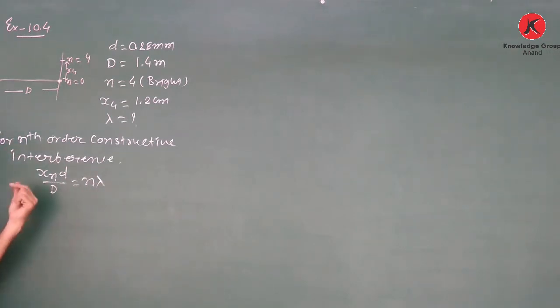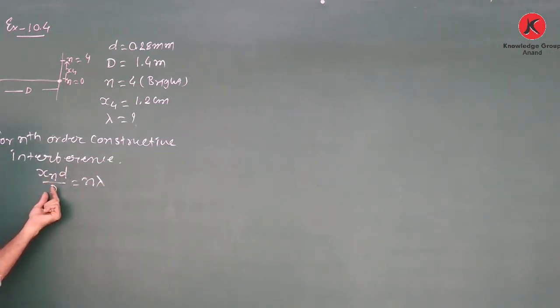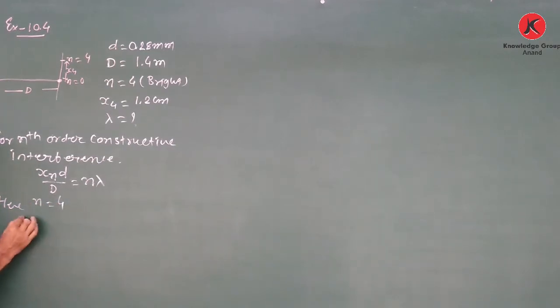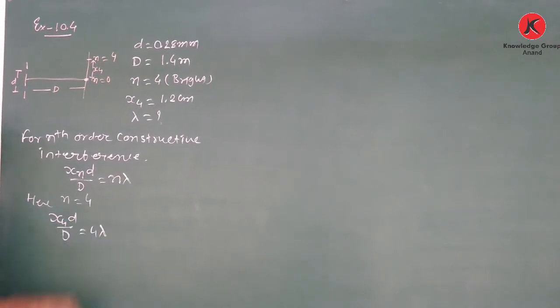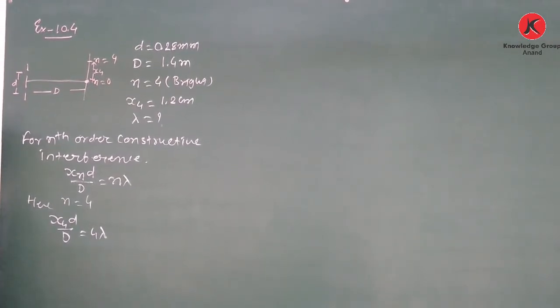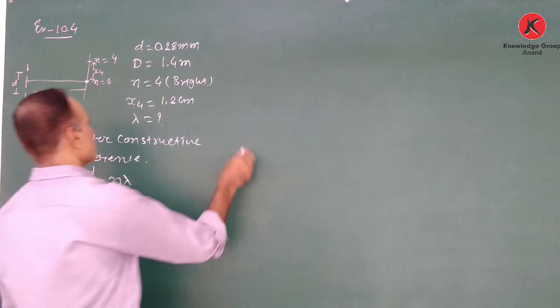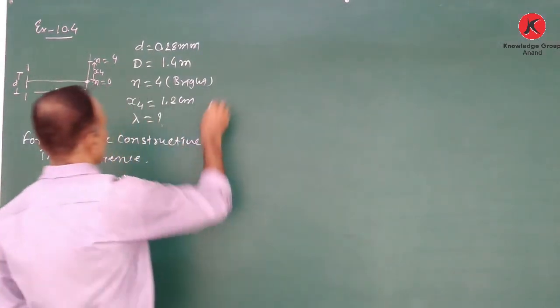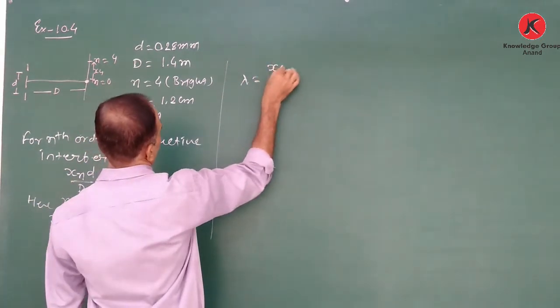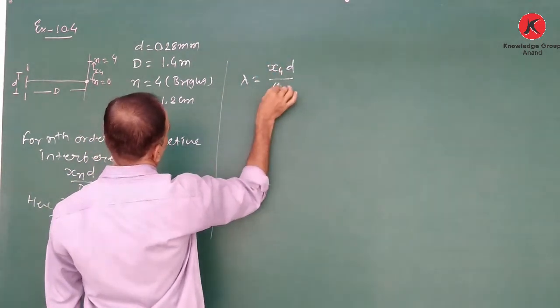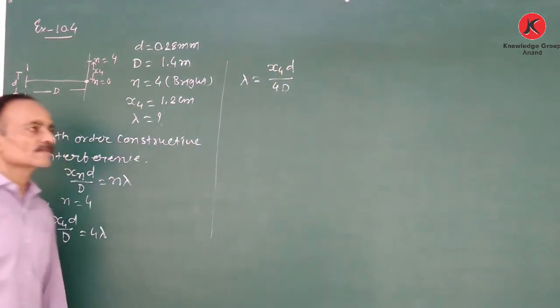That is the path difference. Here n is equal to 4. Therefore, x4 d upon capital D is equal to 4 lambda. Now, we require lambda. Therefore, lambda is equal to x4 small d upon 4 capital D.